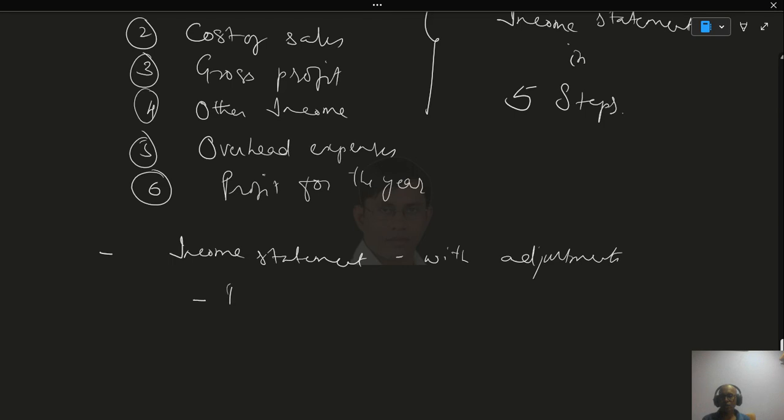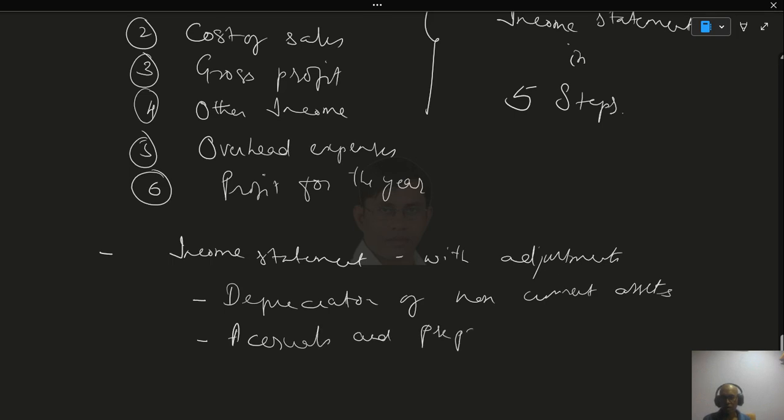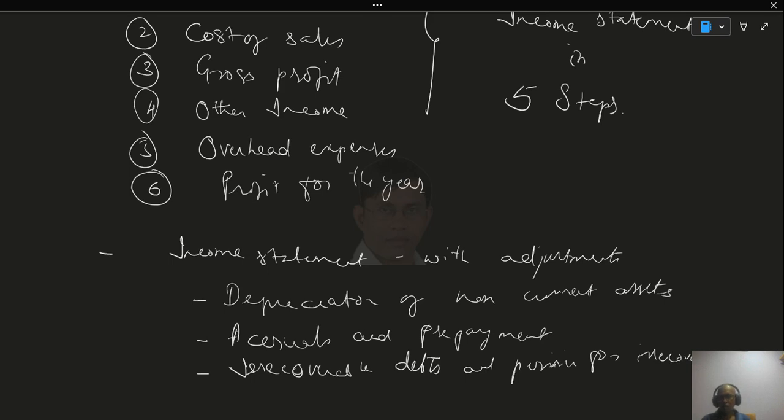Adjustments are depreciation of non-current assets, accruals and prepayments, irrecoverable debts, and provision for irrecoverable debts. And a lot of other adjustments will be there.